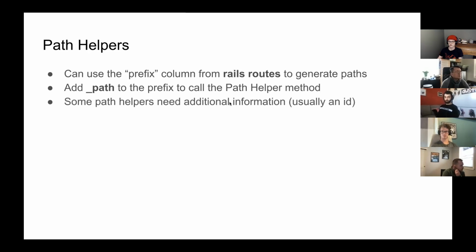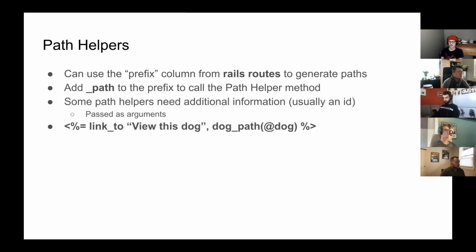Some of these path helpers will need additional information, and usually that's an ID. Anytime you would need to write out a route manually, wrap it in double quotes, and interpolate an ID, the path helper will need you to give it some additional information, and we'll pass these as arguments. An example might look like an ERB tag that's a link to, and then the text you want that link to say.